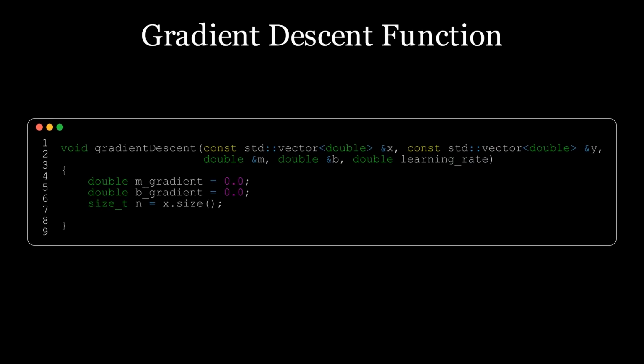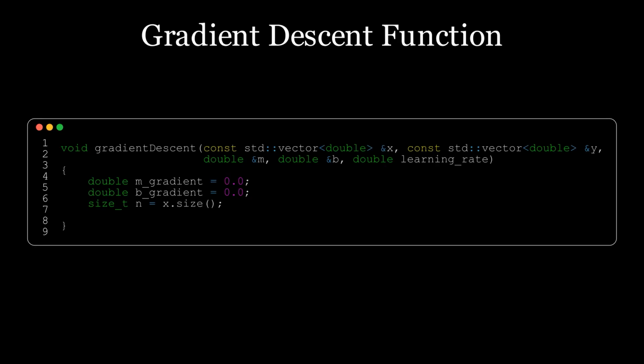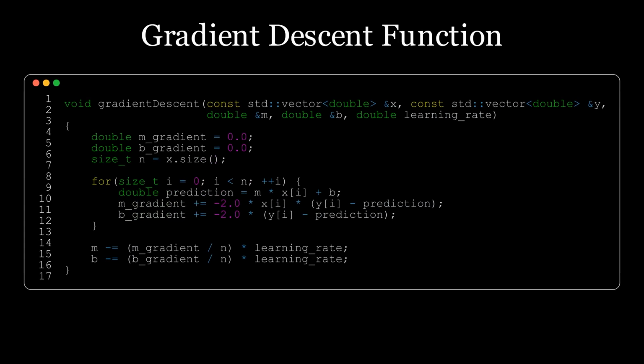We define the m and b gradients, and we get the size of our x data. Now come the derivatives we just found. To find them, we can use a loop, get our current predictions, and calculate the gradients by first summing up the initial terms. Finally, we change the m and b values according to the gradients by dividing everything by the size of the data, and of course applying our learning rate.